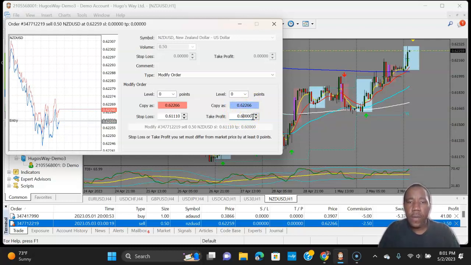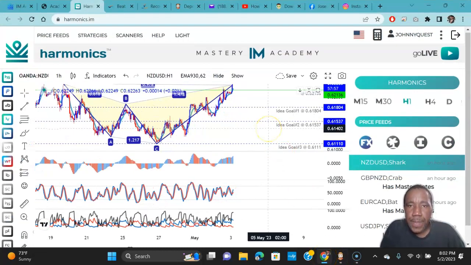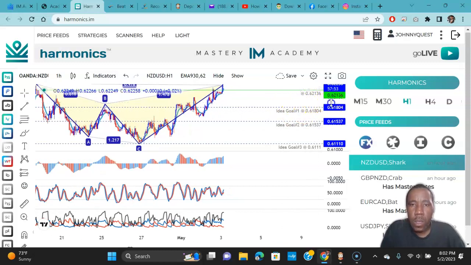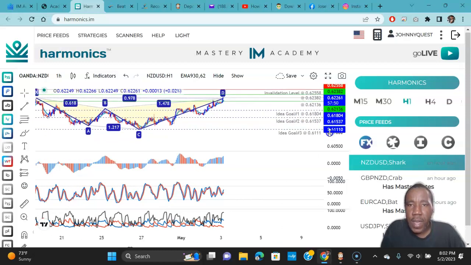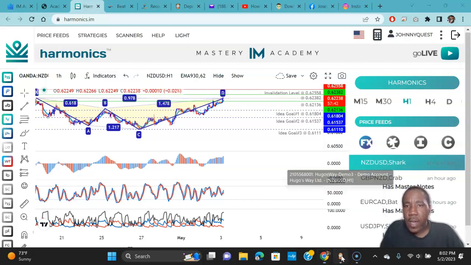Go to take profit, 6111. And my stop loss will be, for this one, your invalidation level at 0.62558.